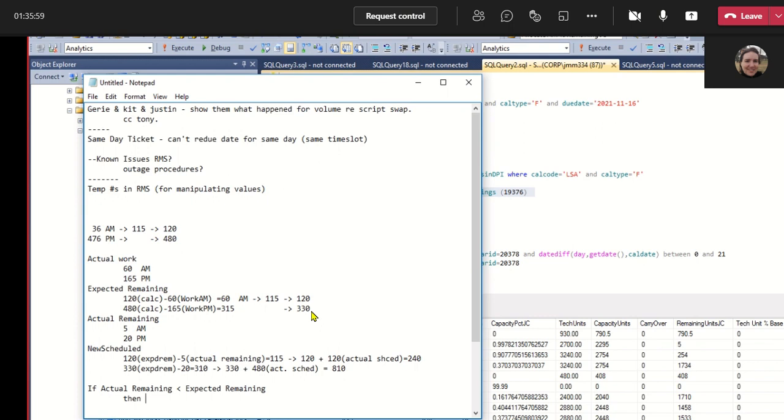Our concentration here is to get the new schedule, the correct schedule numbers. If actual is greater than or equal to expected, in other words, we just haven't reached this threshold, then I don't care. Everything's working. Now if it's less than the expected, then I need to do this: expected remaining minus actual remaining.